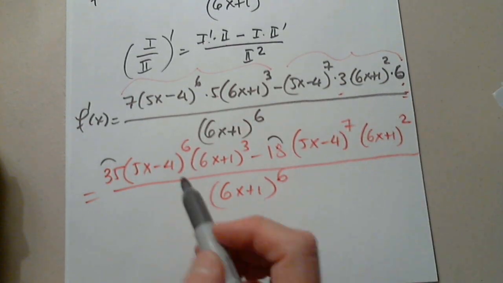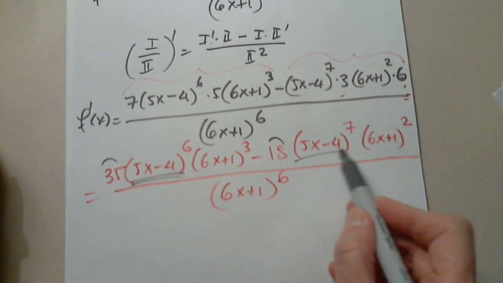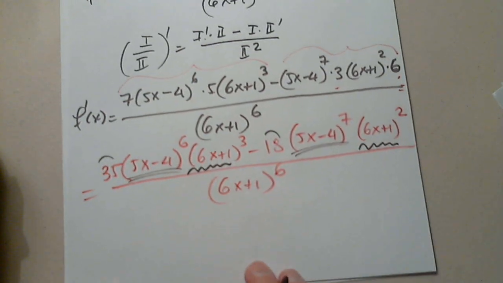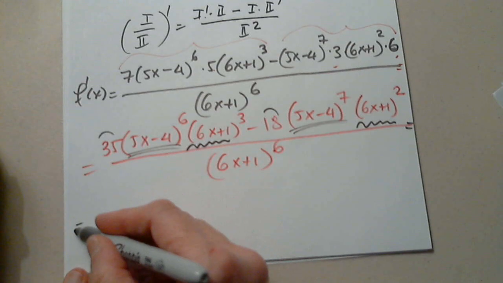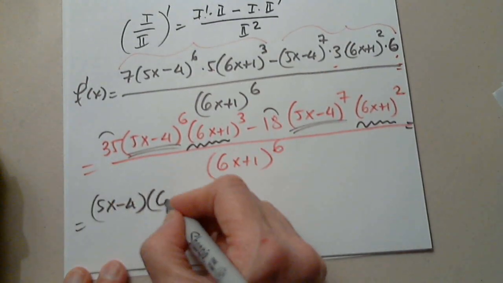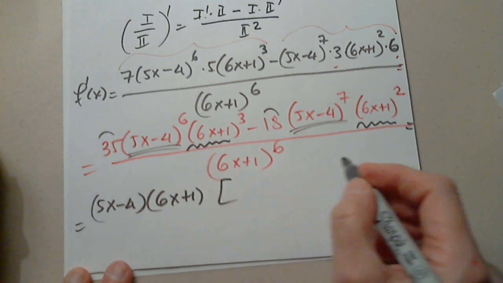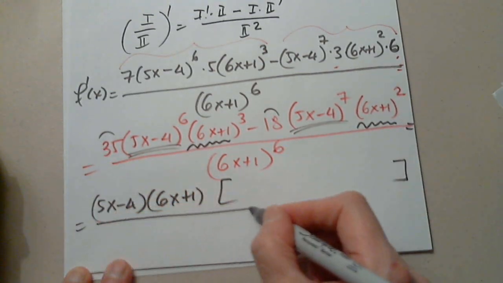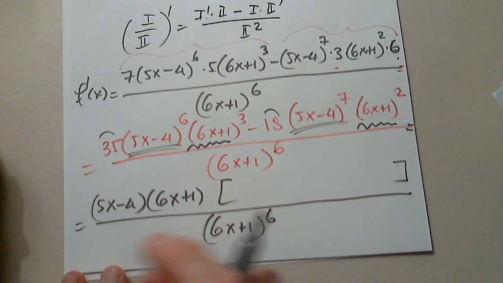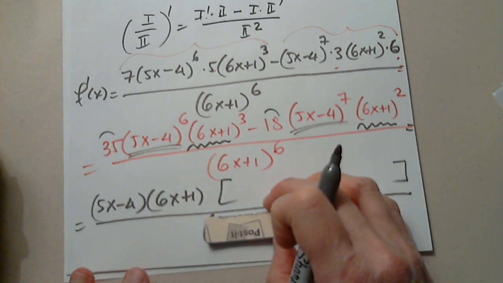But I see that this is common, and this is common. Like before, I'm going to pull out 5x minus 4 and 6x plus 1. I'm going to copy the denominator. Do not even look at this, please.